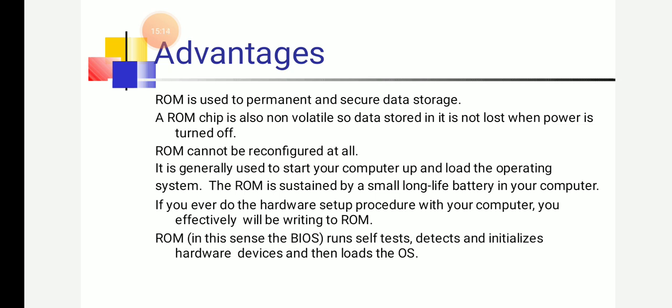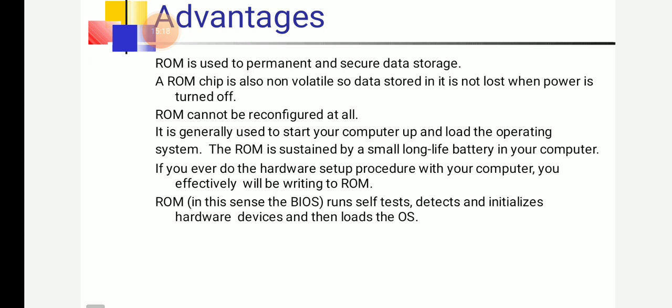ROM cannot be reconfigured at all. It is generally used to start your computer up and load the operating system. That is the BIOS setting, the basic input and output system. Once you switch on your computer, it starts the bootstrapping. The ROM is sustained by a small long-life battery in your computer.